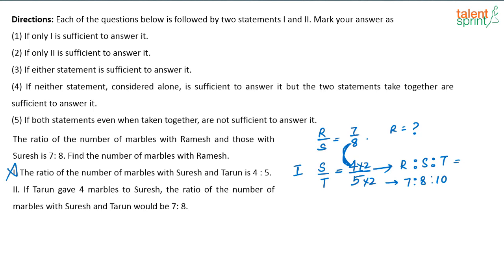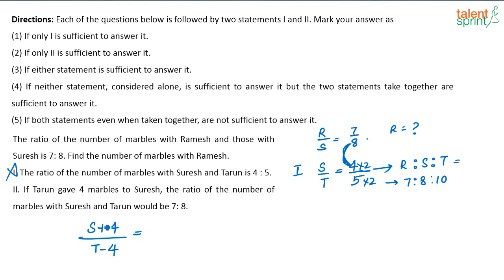Statement 2 says, if Tarun gave 4 marbles to Suresh, then how many marbles will Tarun have? T minus 4. The ratio of the number of marbles of Suresh to Tarun would be 7:8. So Tarun now has T minus 4 marbles, and Suresh will now have S plus 4 marbles.